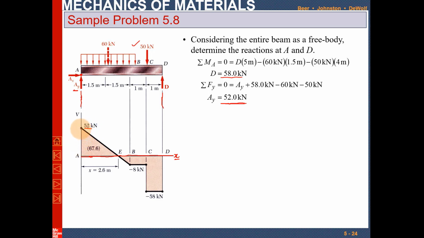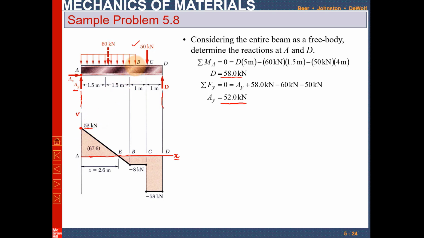So this is the point where 52 kilonewton lies. At point A there is only shear force. On the vertical axis we take shear force, and on the horizontal axis we locate the length of the beam. So at point A there is only one force acting, that is 52 kilonewton.